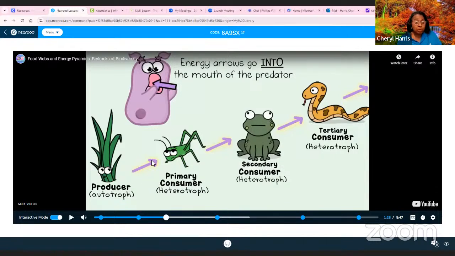So that's an important point. In other words, not only is the energy flowing this way, but this arrow going from the producer to the grasshopper is telling you that the grasshopper eats the grass. The frog eats the grasshopper because the arrow is pointing at the thing doing the eating. If you put your arrows in the wrong place, mark it wrong.